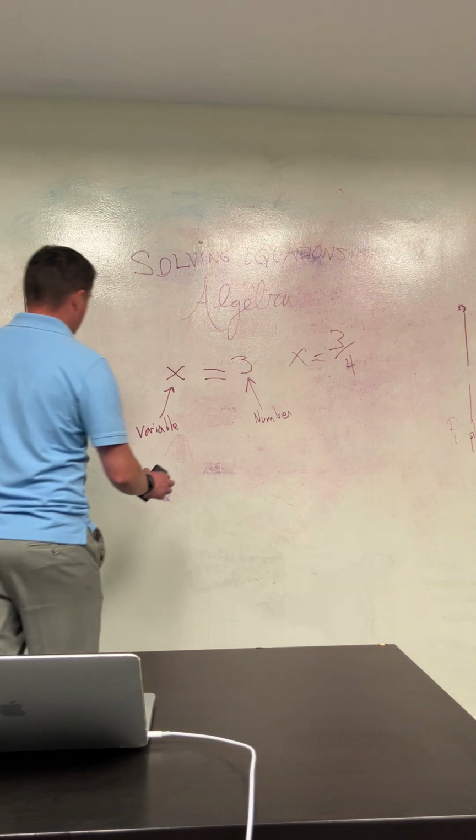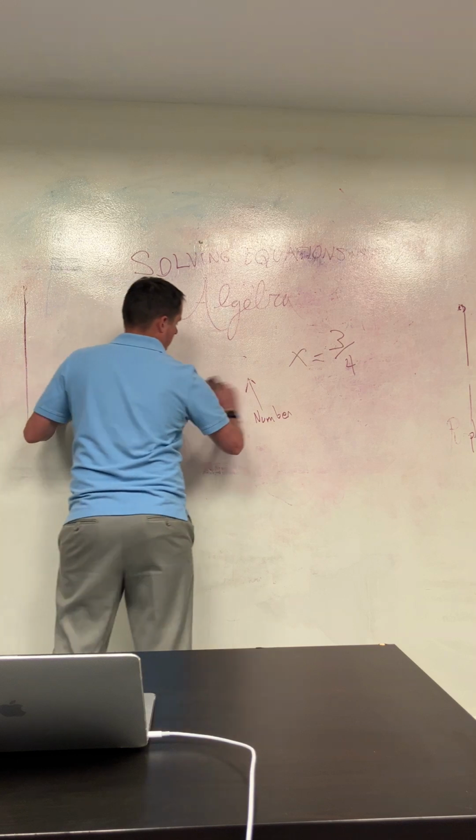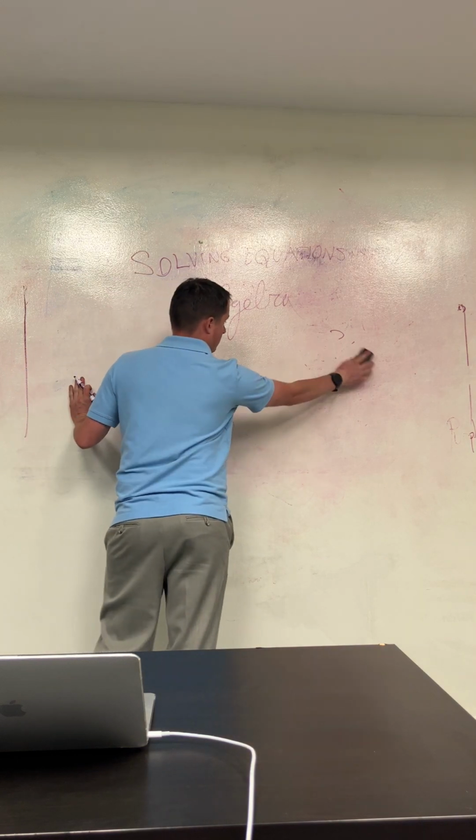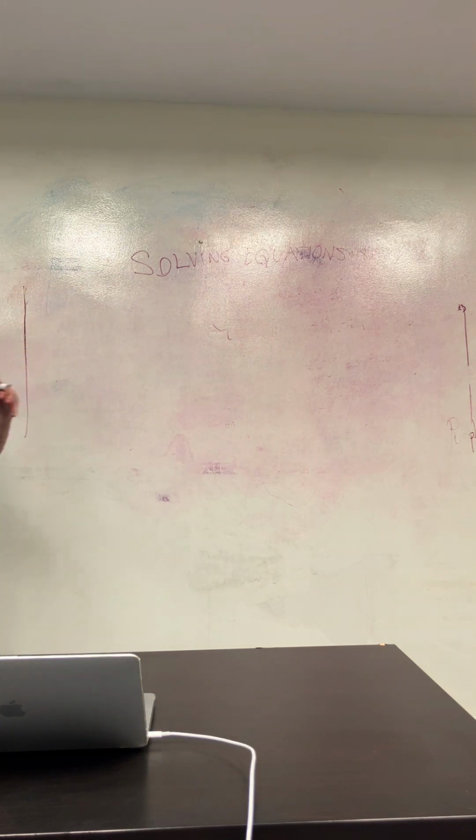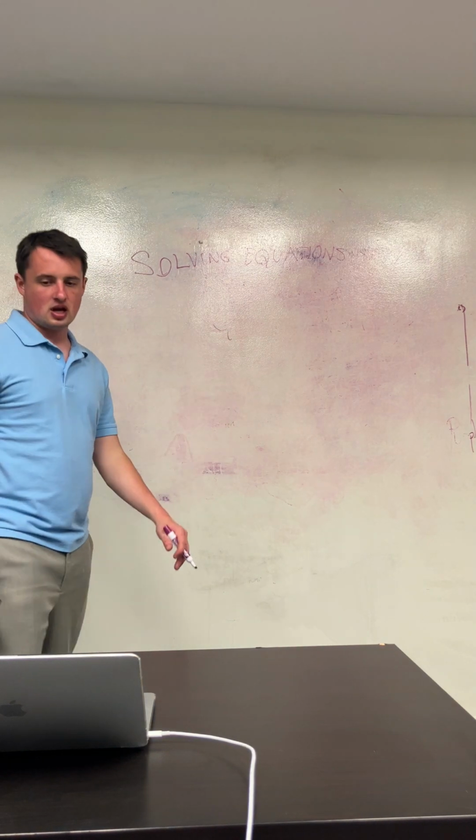Now we're going to get problems that don't look like that. They're going to have maybe the variables on both sides, or they're going to have numbers on both sides.